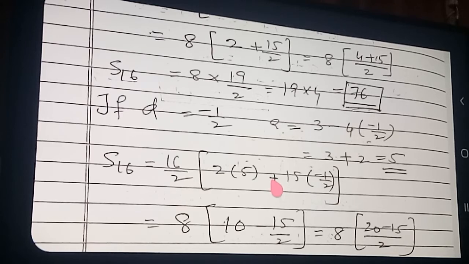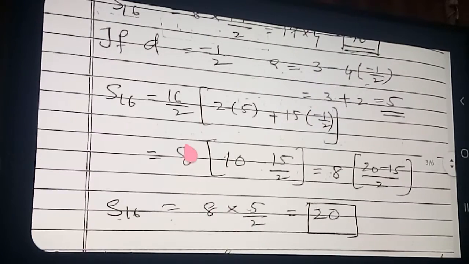One time not understanding, again you see the video so that you will get a clear idea. 8 into 2 into 5, 10, 10 minus 15 by 2. So LCM take here. What did you get? 8 into 5 by 2. 8 and 2 cancel. What will we get? 4. 4 into 5, how much? 20.